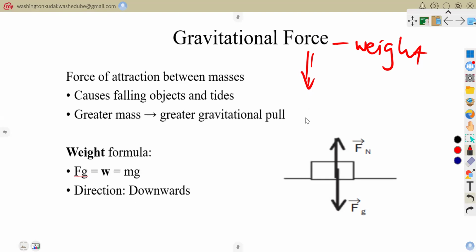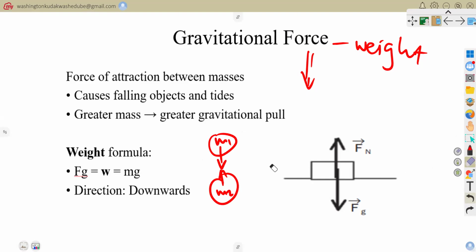You will see that this force is defined as the force of attraction between masses. Where we have two masses, these two masses tend to attract each other. That force of attraction between the two masses is what we refer to as the gravitational force.